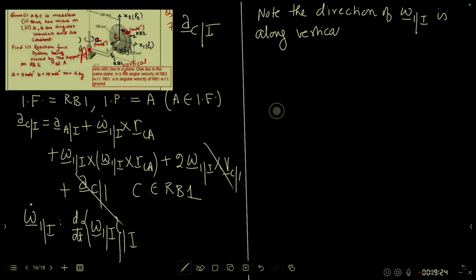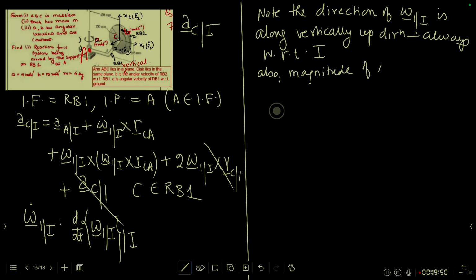Always with respect to I, right? Omega 1I is always in the vertically up direction. Also, the magnitude of omega 1I, which is given to be A, is constant, given.